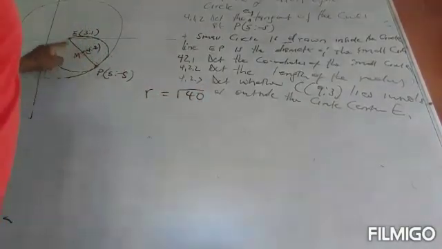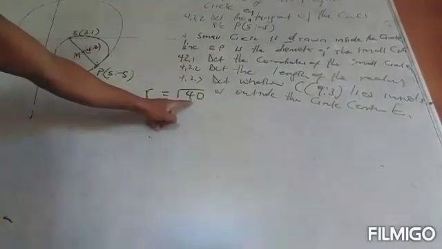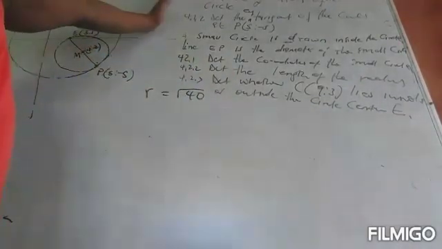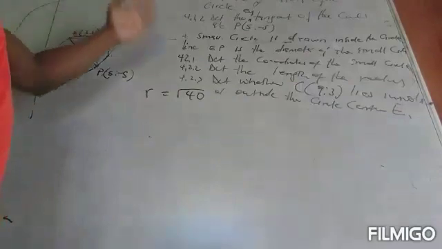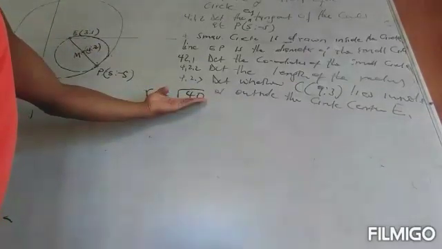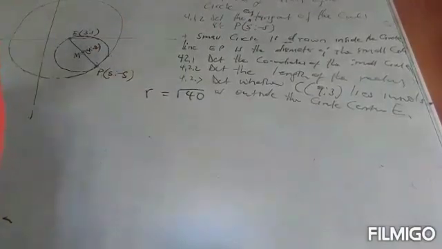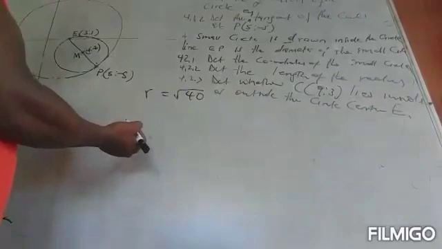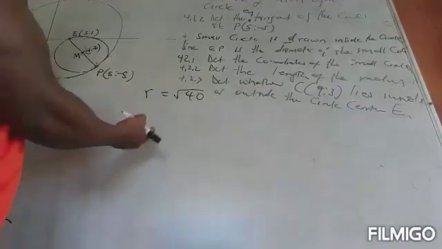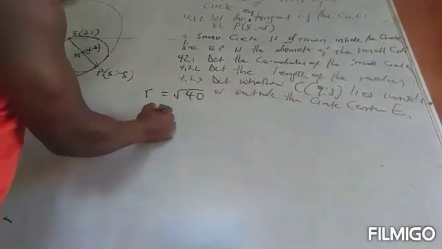So if the length of EC is greater than the square root of 40, then C is outside the circle. But if the length of EC is less than the square root of 40, then C is inside the circle. Because the length of the radius is the square root of 40, we must find the length of EC.